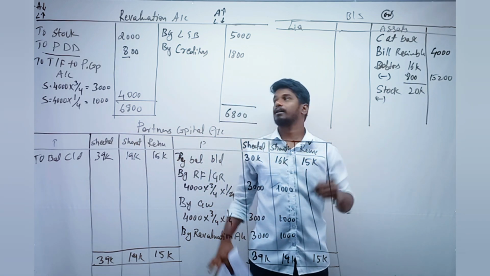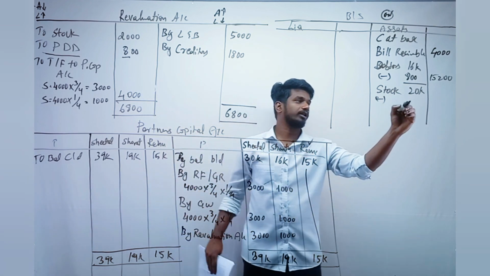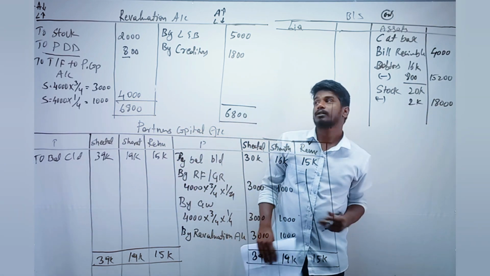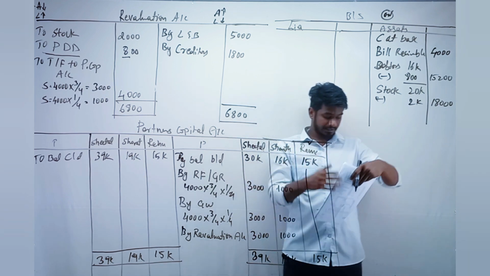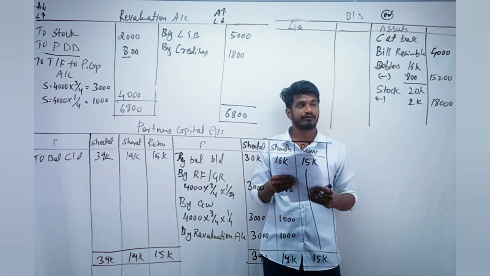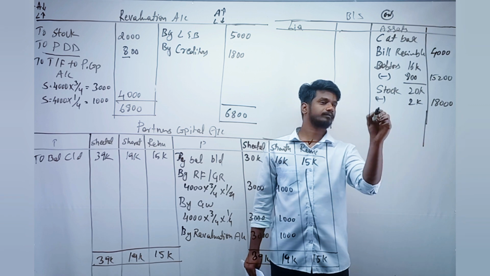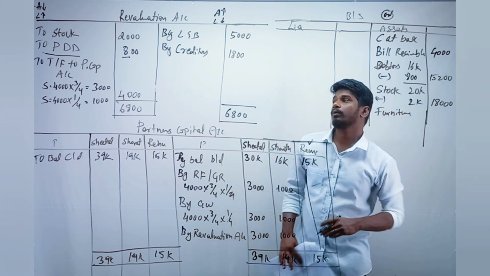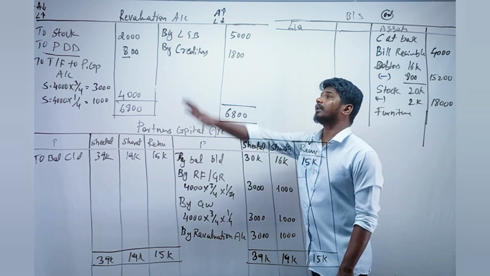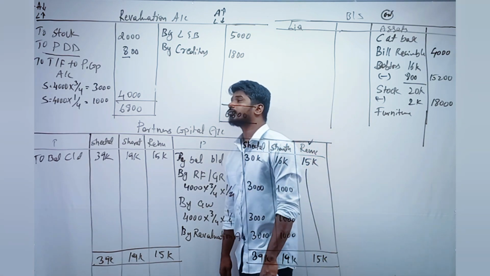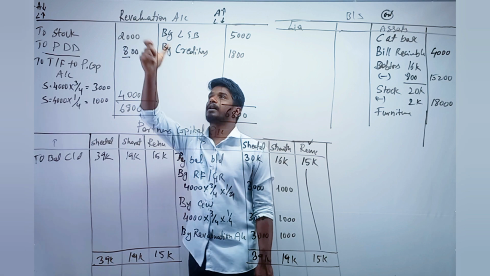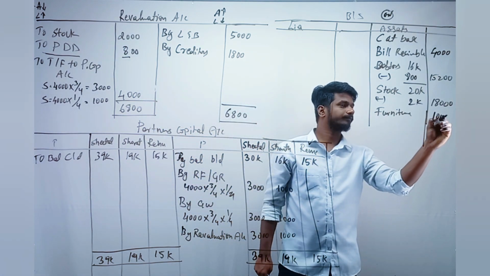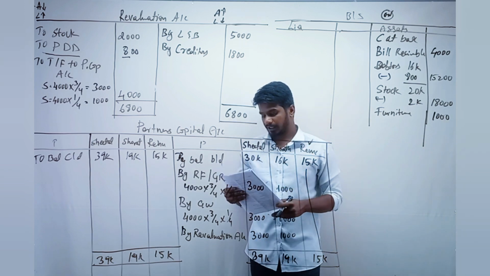Just minus that 2,000, so it is 18,000, correct. Next we have furniture. Do we have anything in the revaluation account related to furniture? Nothing, so just write the same amount, 1,000, correct.